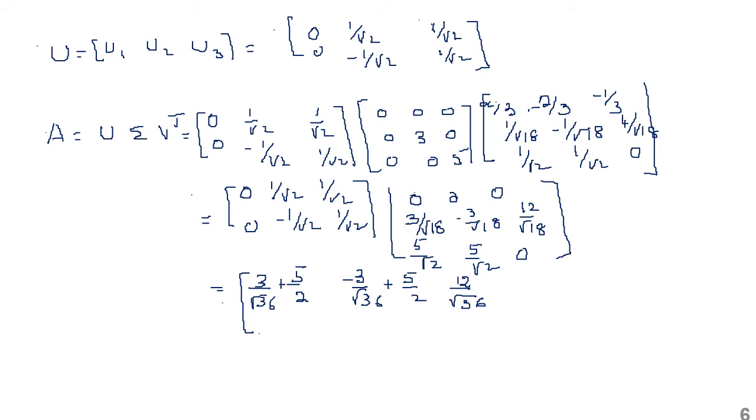In the second row, we have minus 3 divided by root 36, plus 5 by 2. We have 3 divided by root 36 plus 5 by 2. So in this you get minus 12 divided by root 36.